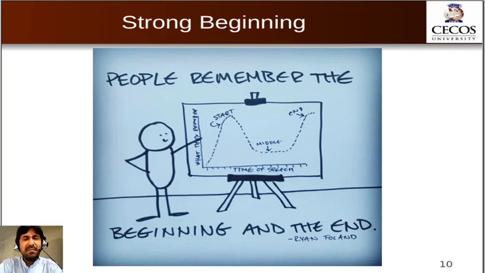In between, people do not remember so much, so you have to give them a strong beginning. Normally you can achieve it by telling a story about yourself, or an interesting story that is related to the contents of the presentation, because people love to hear stories and they remember the stories more than the contents of your presentation. So it is a tip: if possible, you can start your presentation by telling a story.